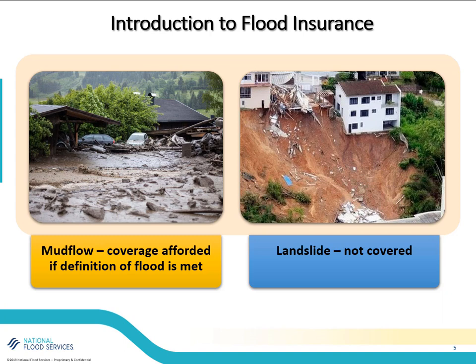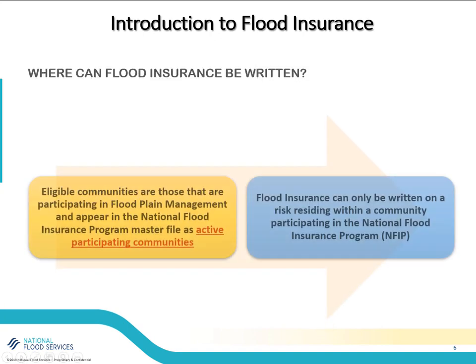The chocolate shake is covered, not the chocolate cake. So mud flow will meet the definition of a flood, but landslide will not. The definition also does not cover sinkholes or any areas that flood to a specific level every year.